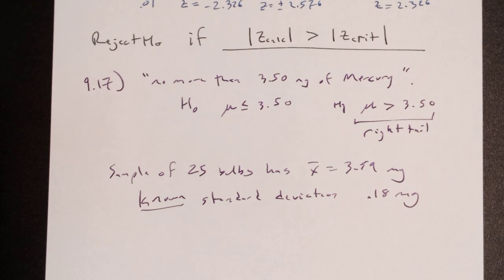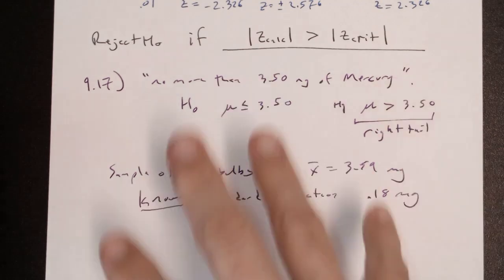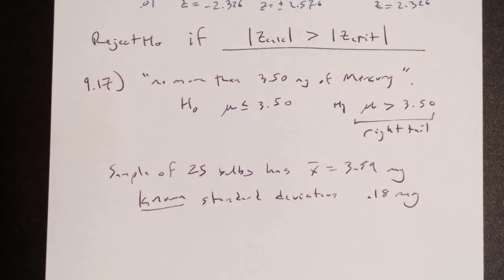I would like a test statistic. What Z calculated value do I get using this information?